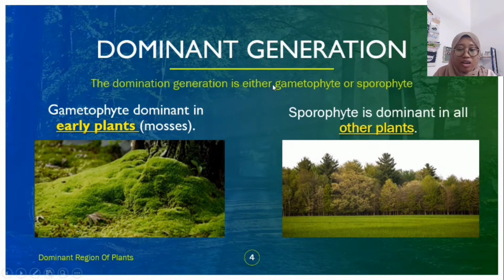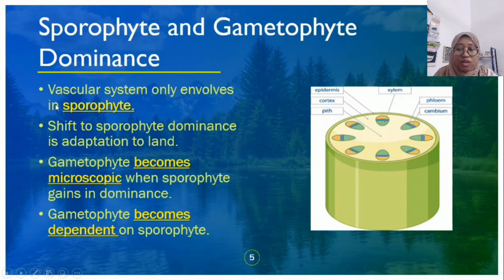In plants, there can be gametophyte or sporophyte. Mostly in early plants like mosses, the gametophyte is dominant, and in other plants like ferns, the sporophyte is dominant. In the history of land plants, the vascular system only involved the sporophyte.